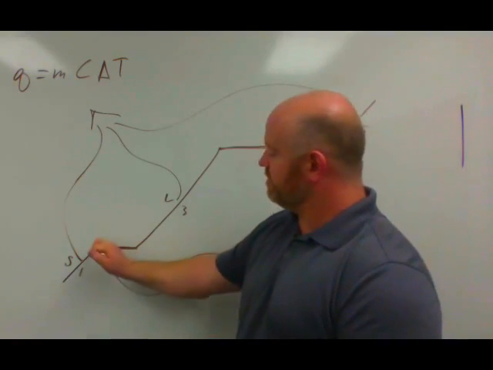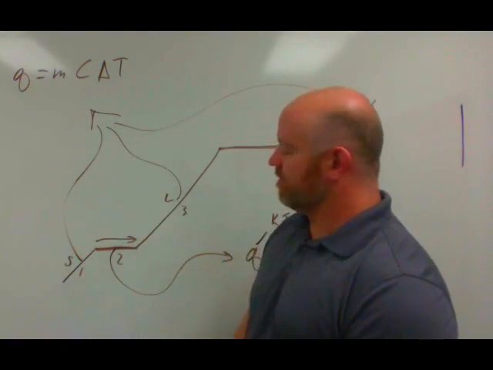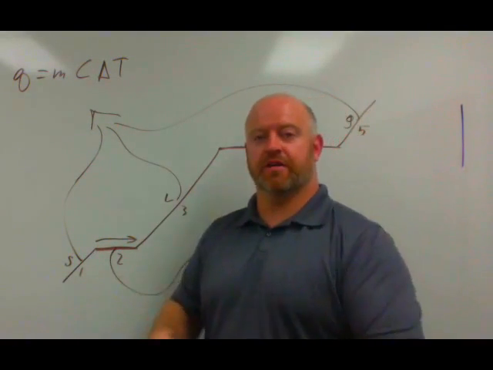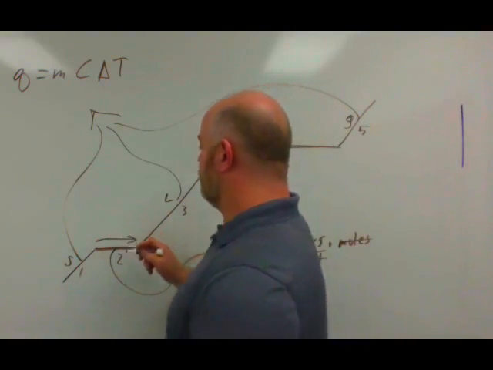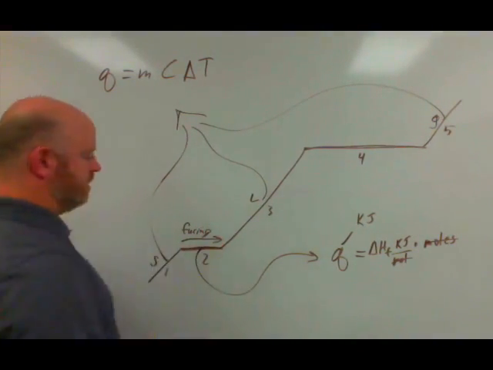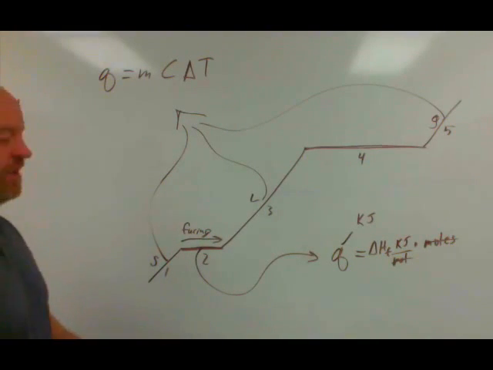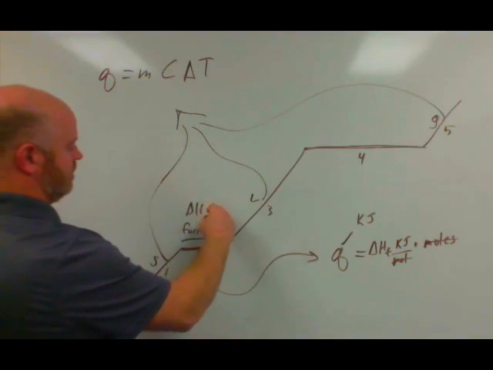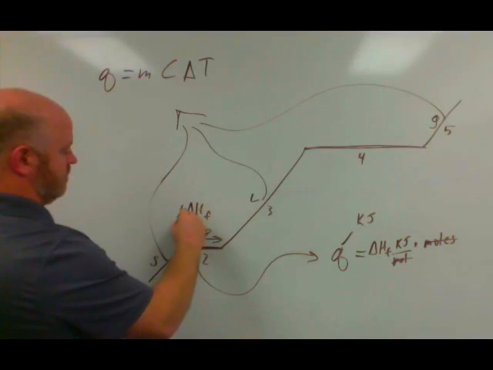Now when we're going this direction on the heating curve, we're putting energy in. So we're actually melting, or fusing is a fancy term for melting. So when we're putting energy in, our delta H of fusion will be positive.